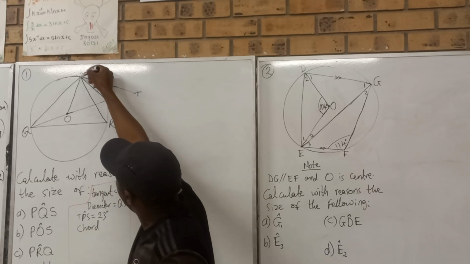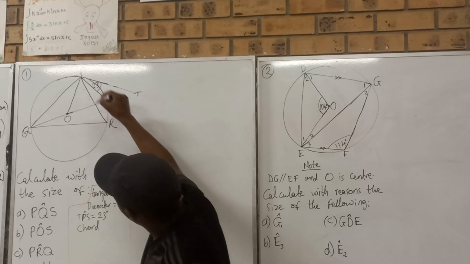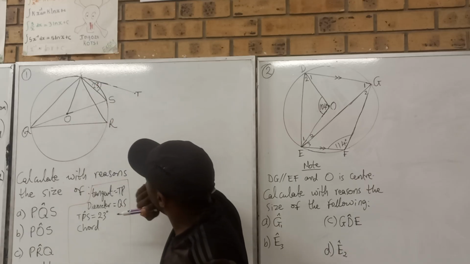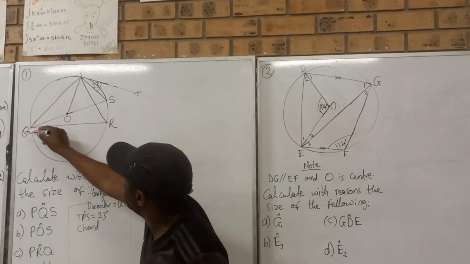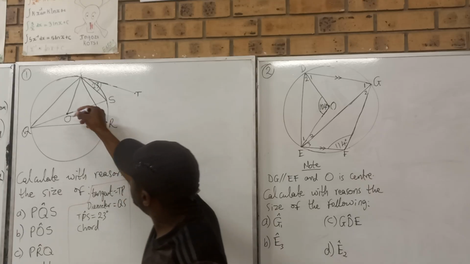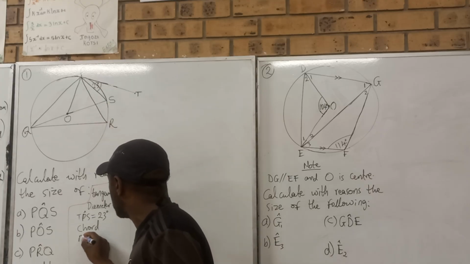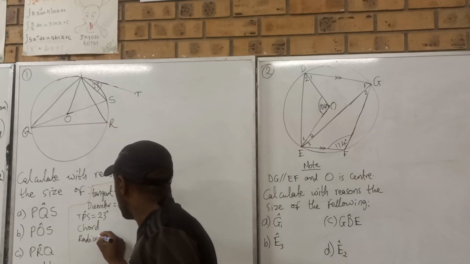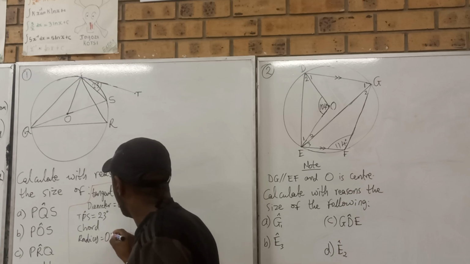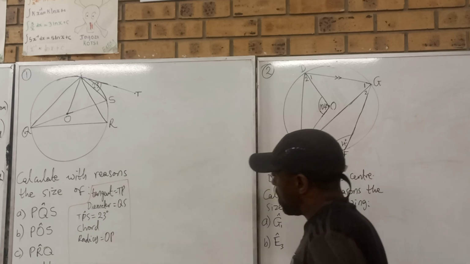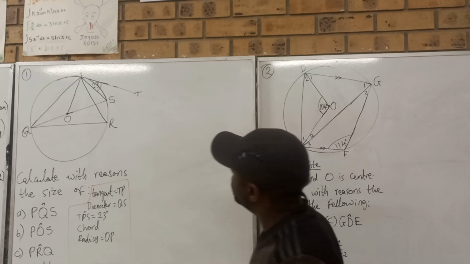I see that PS is a chord, PR is a chord. I see QP as a chord, QR as a chord. I also see a radius. The radius is there, being OP. So those are the things I pick from my diagram.